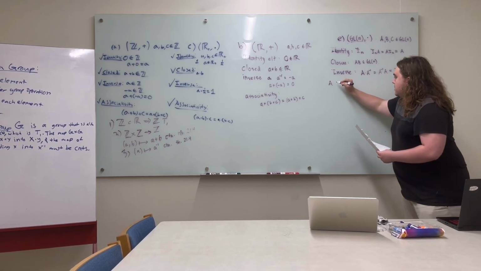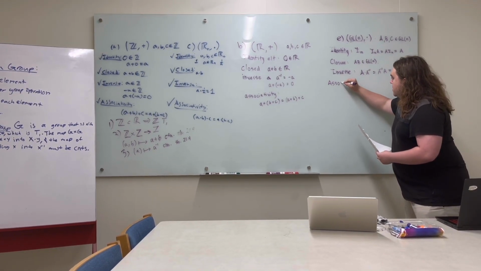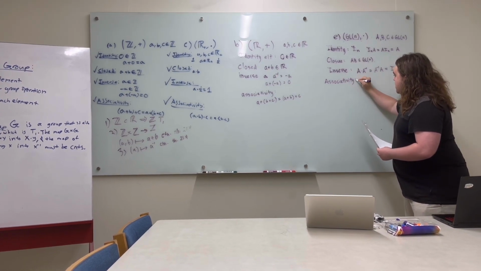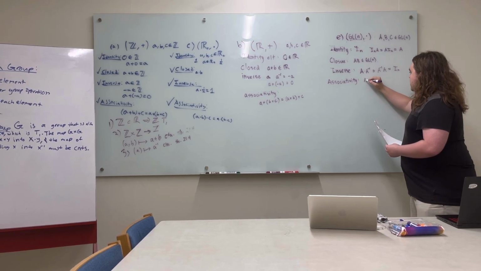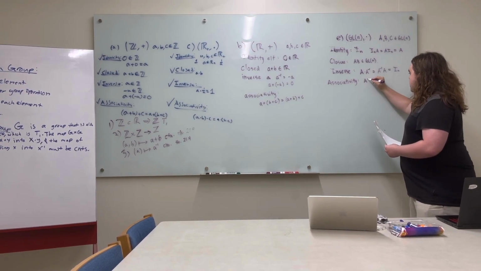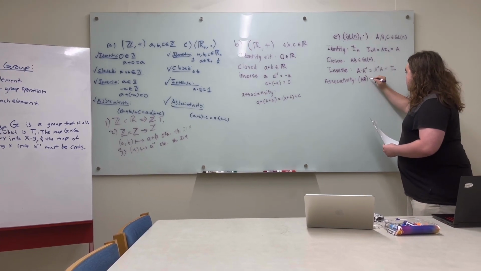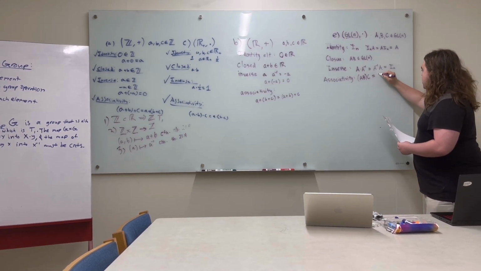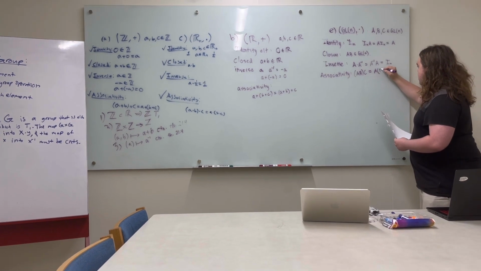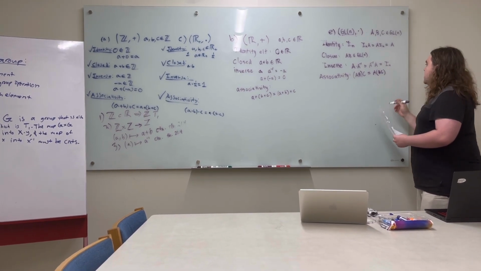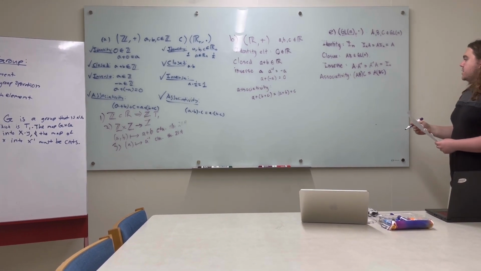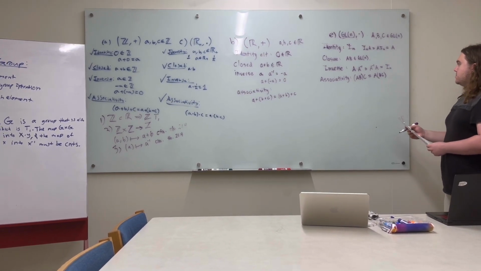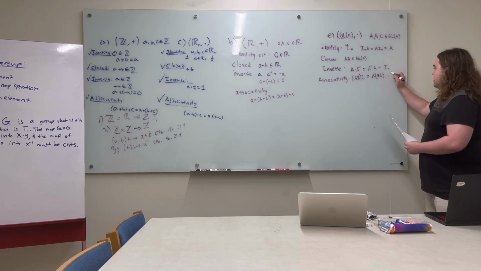And associativity finally. We want to show that (AB)C is equal to A(BC), and matrix multiplication is associative. This is just a fact we know from linear algebra. So this is done.